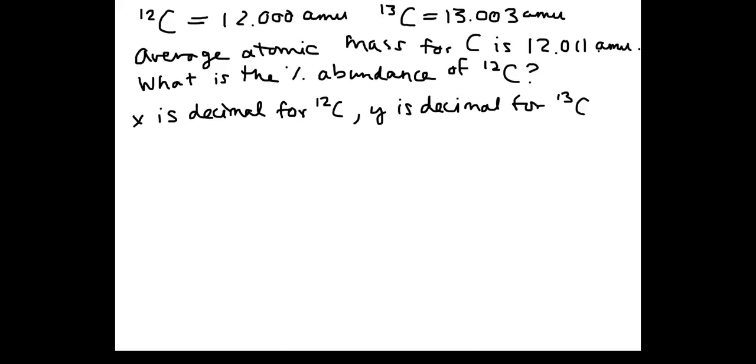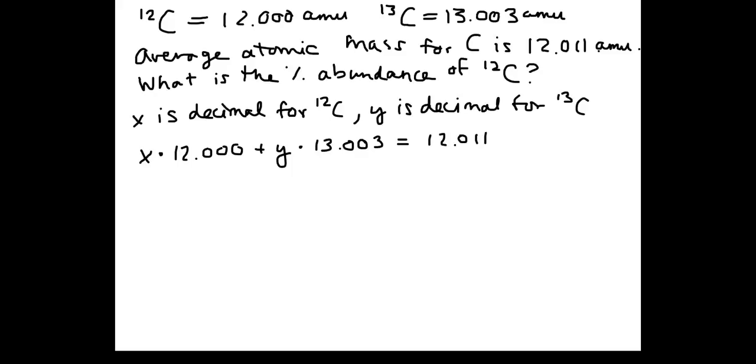So X times 12.000 plus Y times 13.003 equals 12.011, because that's our formula. Decimal of isotope 1 times mass of isotope 1 plus decimal of isotope 2 times mass of isotope 2 equals the average atomic mass. We just have to figure out what X and Y are.